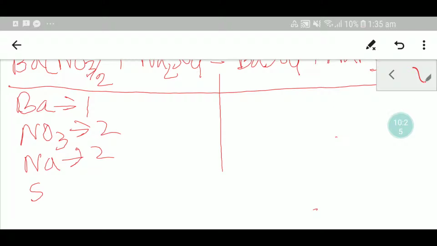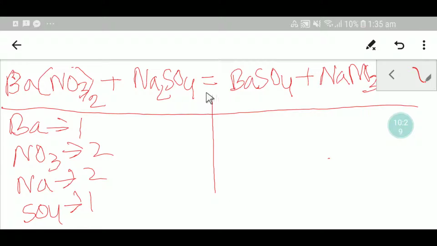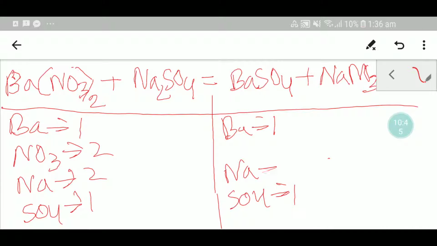On the right hand side we have here 1 barium, here we have 1 sulfate, and here we have 1 sodium, and here we have 1 nitrate, NO3, right?